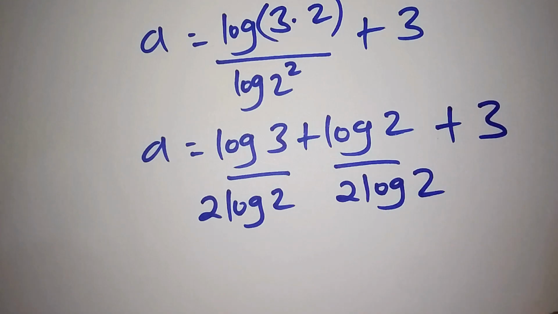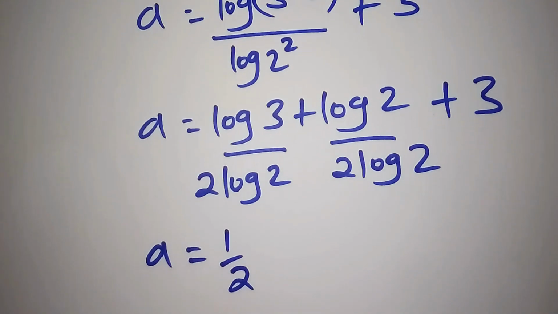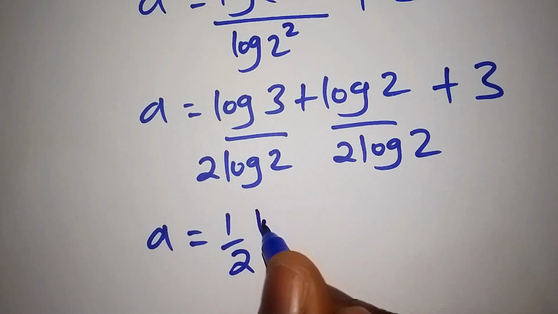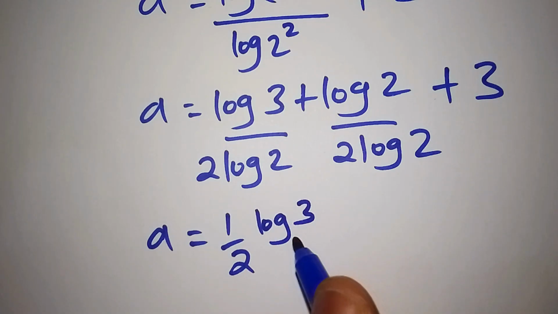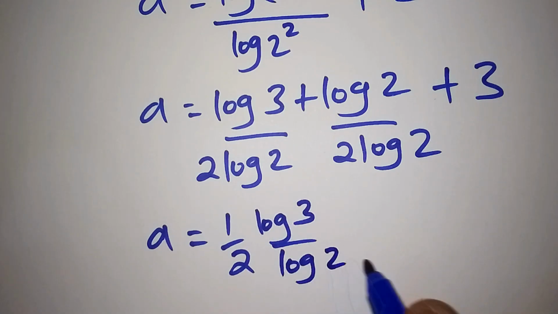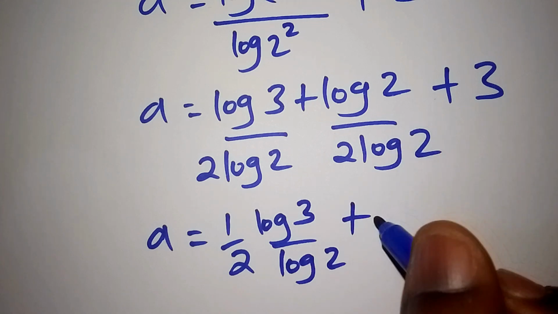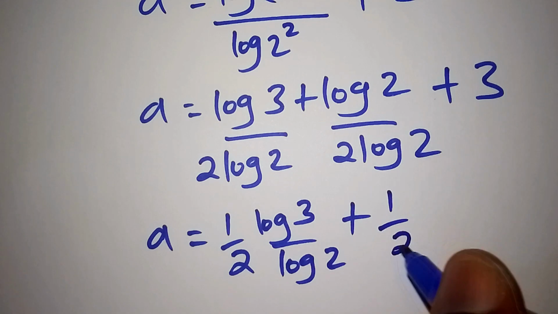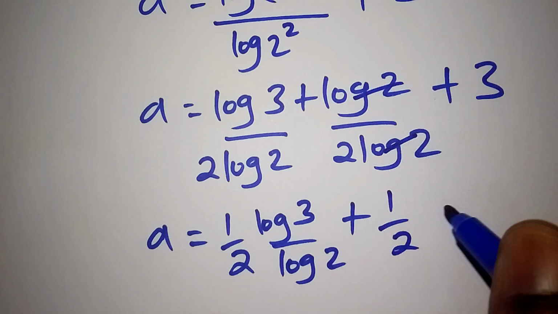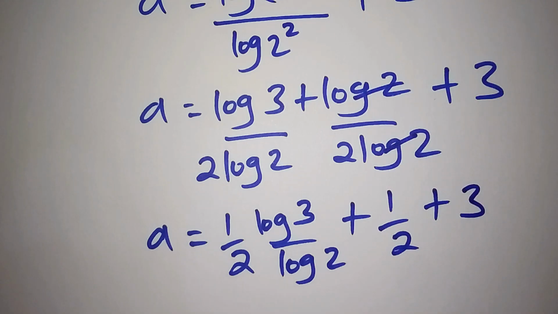Plus 3. So here we shall say that the value for a is equal to 1 over 2, the log of 3 all over the log of 2, then plus 1 over 2, since log 2 and log 2 shall cancel, plus 3.